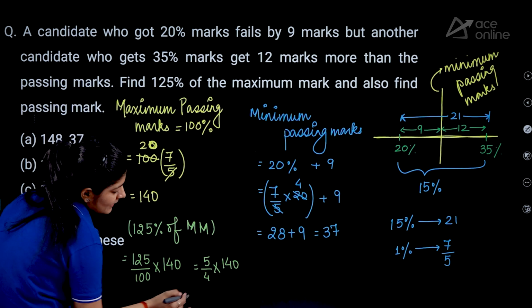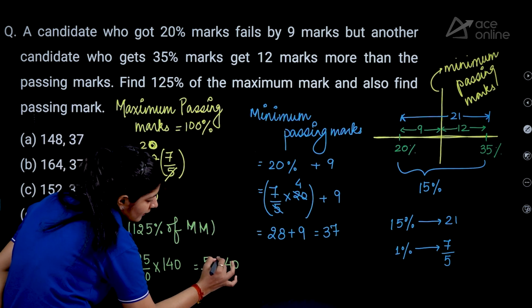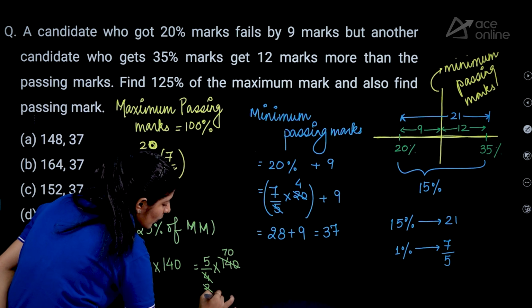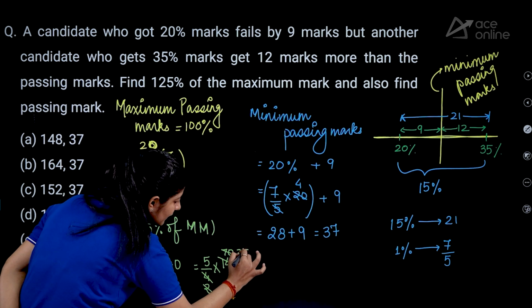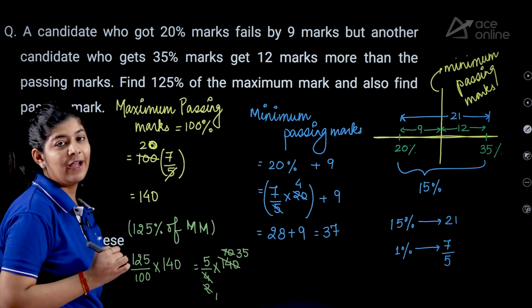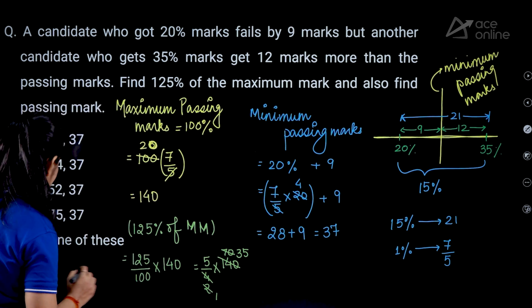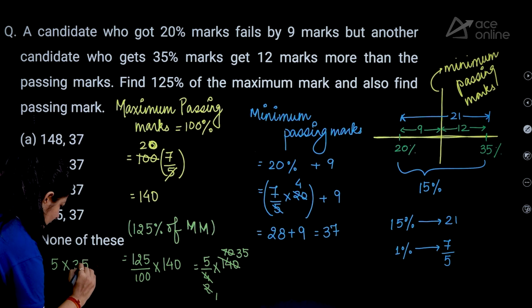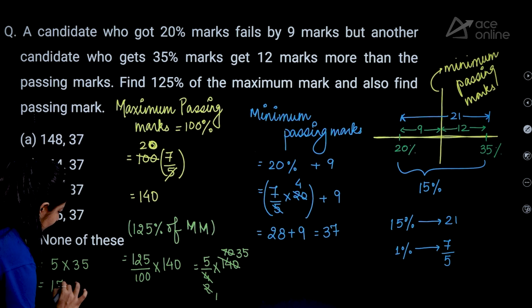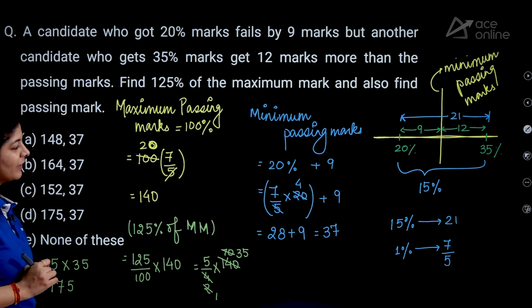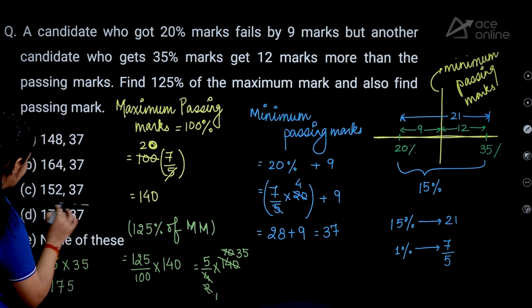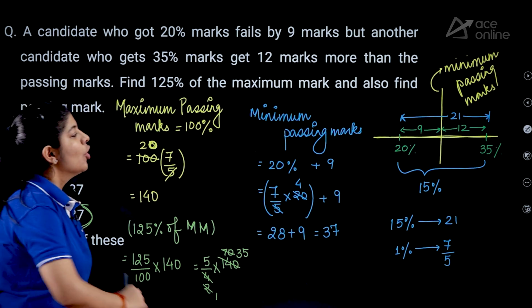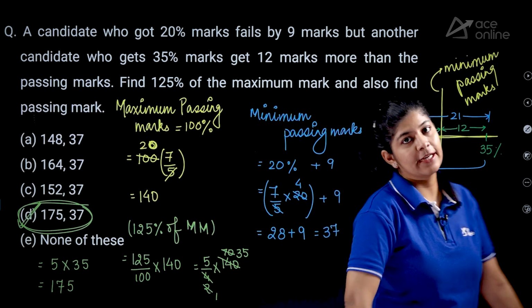Here we are getting 135, and when we multiply 5 with 35, we get 175 as our answer. Do we have that in our options? Yes, we do. So option D is the correct one.